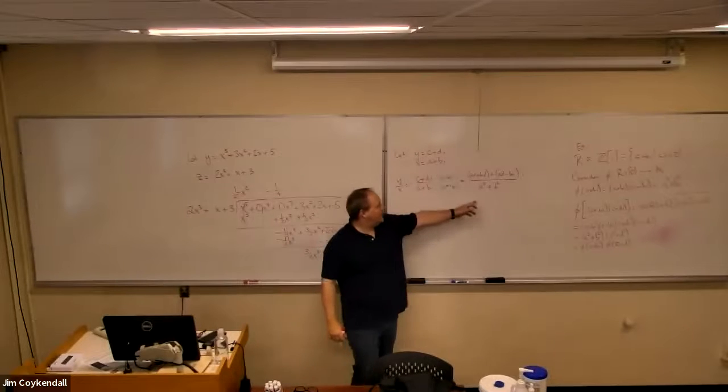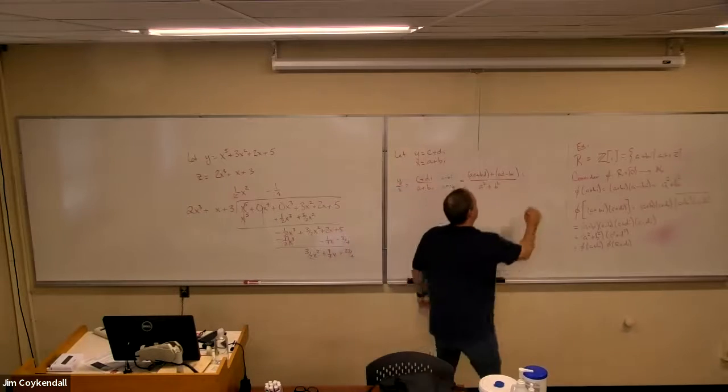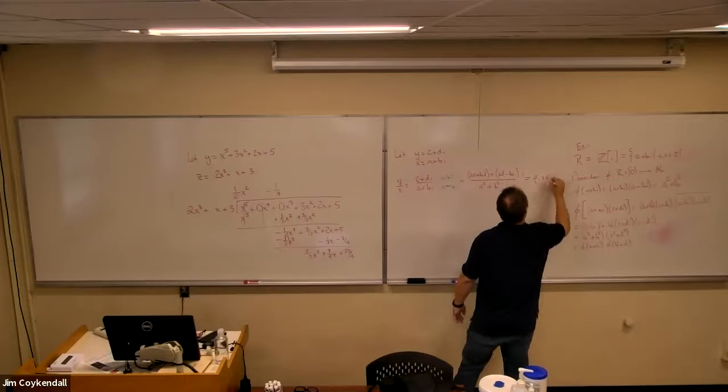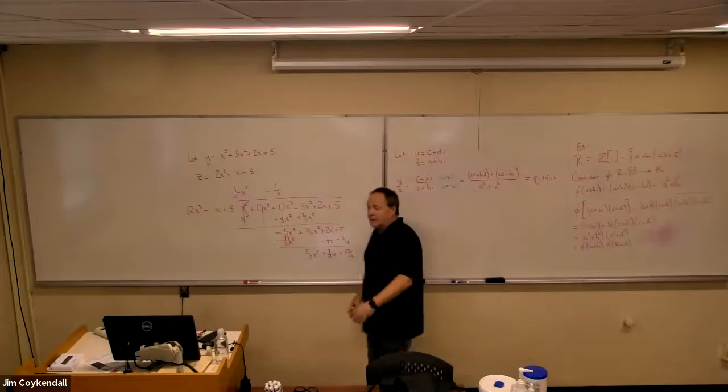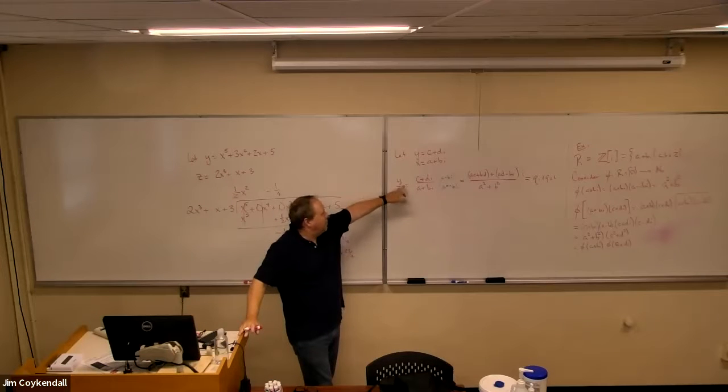And so basically, this is a rational number plus a rational number times i. So I'm going to write this as Q1 plus Q2i. Everybody agree with that?